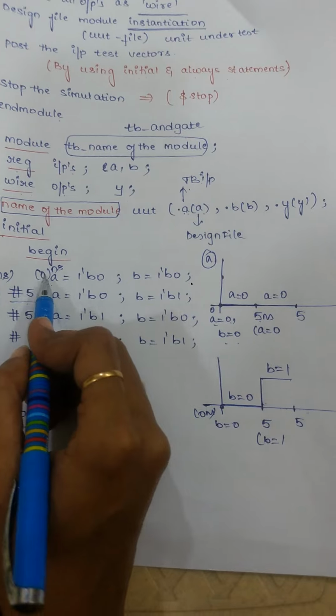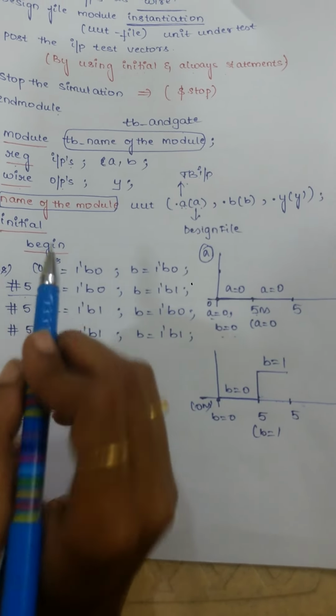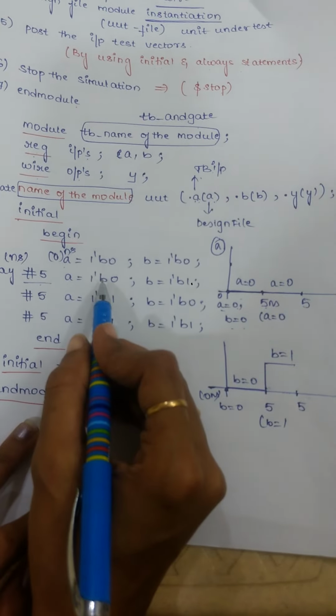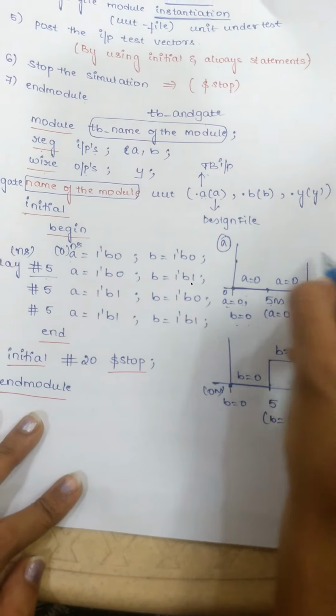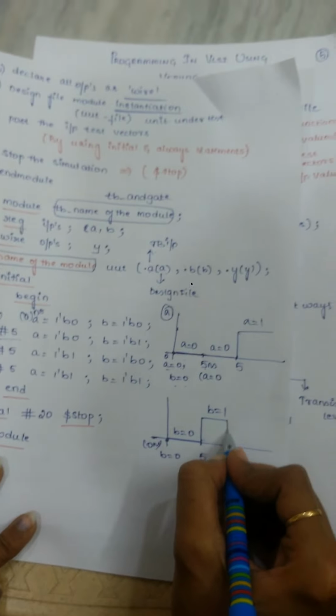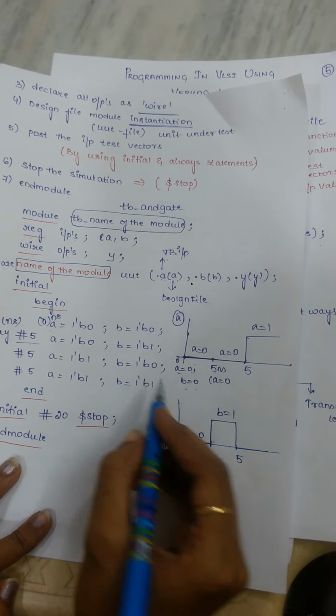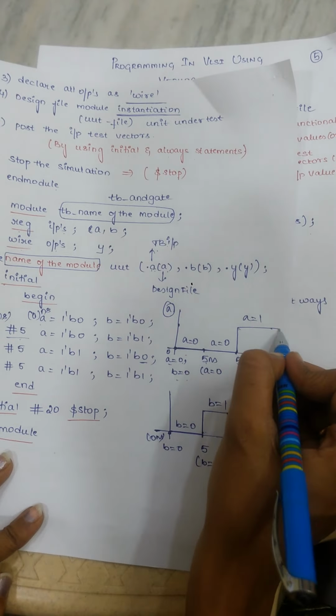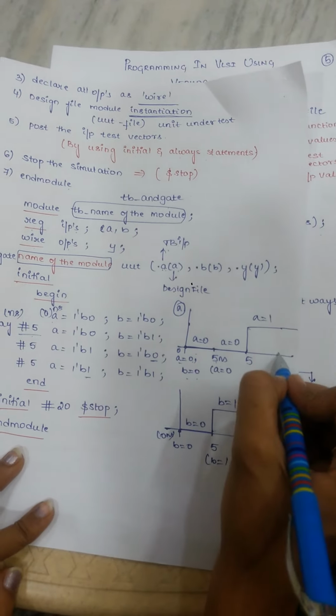Now from 5 to 10 nanoseconds, at a 10 nanosecond period, my A should become 1. So A is equal to 1. At that time, my B should become 0, because B is 0, right? Again, A should continue as 1 for another 5.